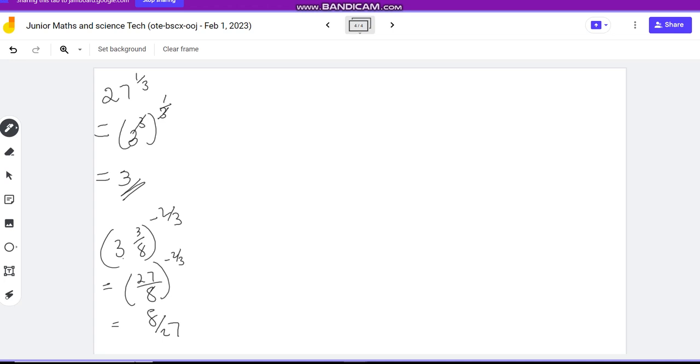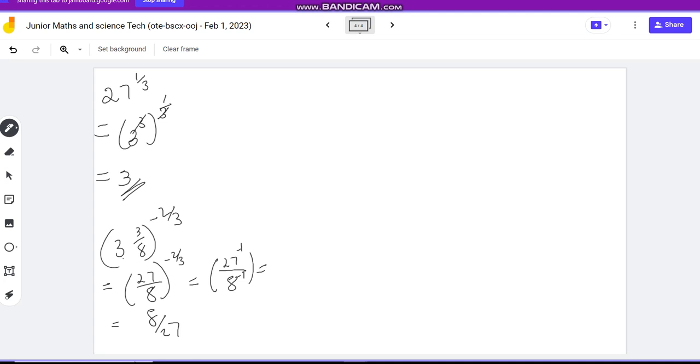The negative is the same as, let's just only take negatives. You'll be having 27 to the power of negative 1 and 8 to the power of negative 1, where we are only considering the negatives.